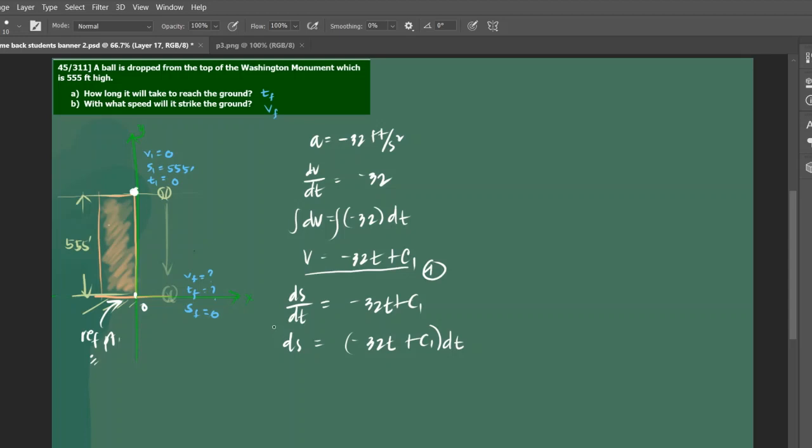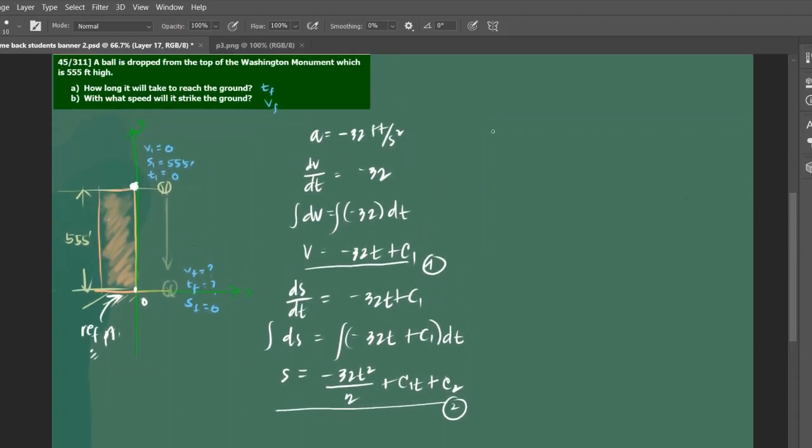So, i-integrate uli natin. So, that is s equals negative 32t squared over 2, plus c sub 1 t plus c sub 2. So, this is our equation number 2. Okay, we have to find the exact equation of motion. Kailangan natin yung mga yon.